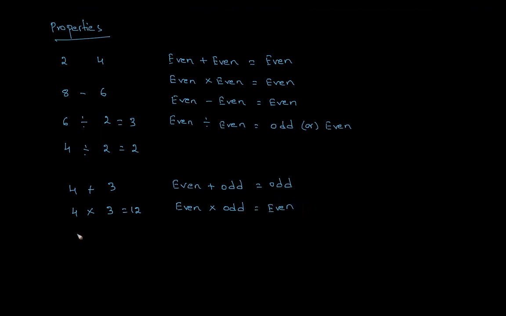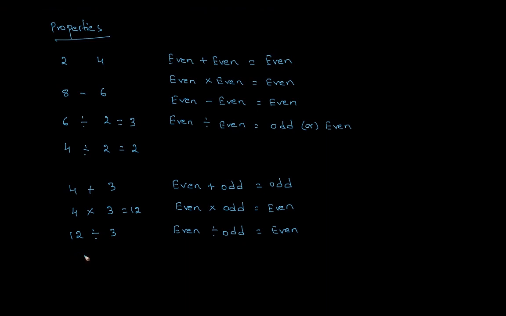Next, if I take 12 and 3, if I do division, even divided by odd, even divided by odd is always even, right? You can take any other example also, okay?